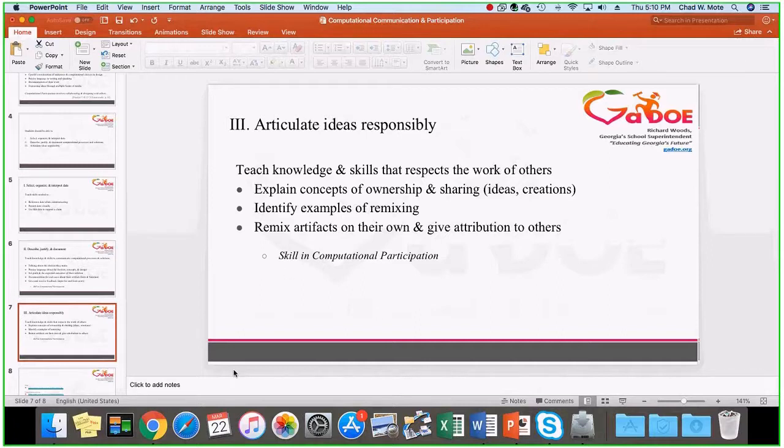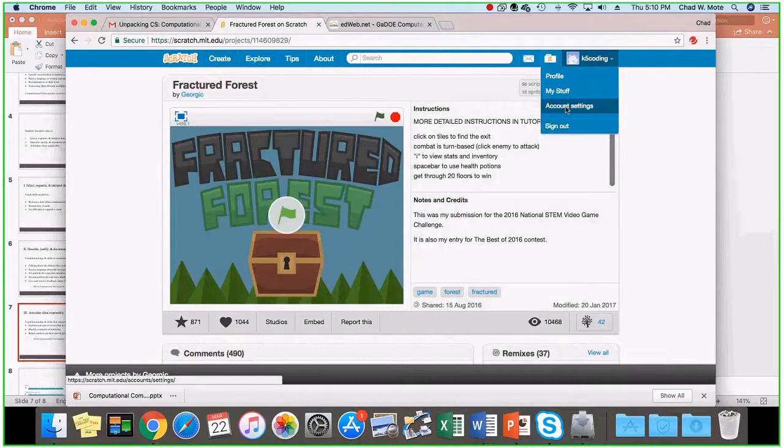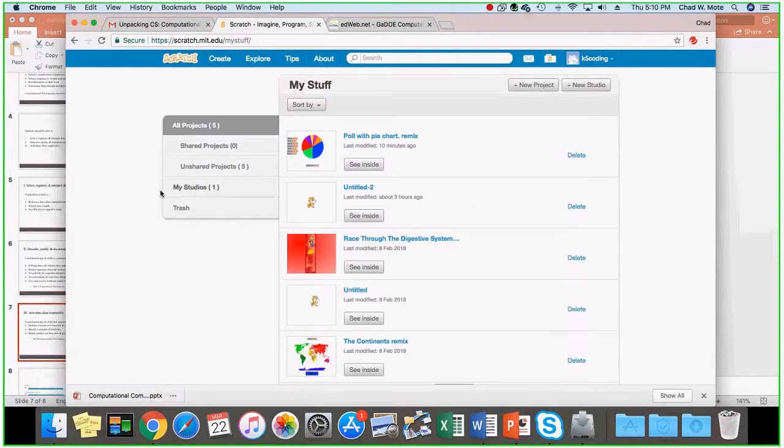So a good way to showcase this and to discuss this and actually do this in practice with students in the classroom is to start with a project that the students made, or implement different types of projects and have students start with that, and then allow other students to download that project, to include it in their site if they have their own studio, and then they remix it.